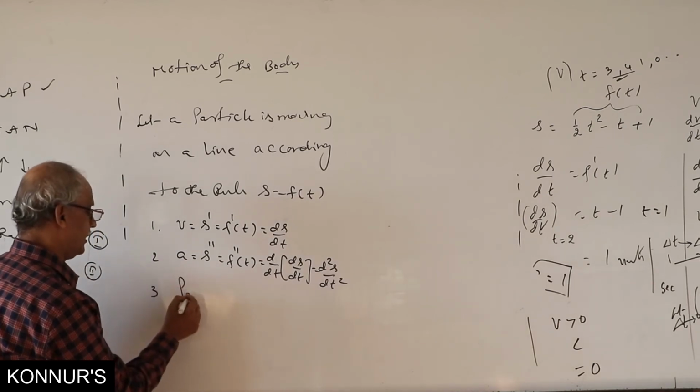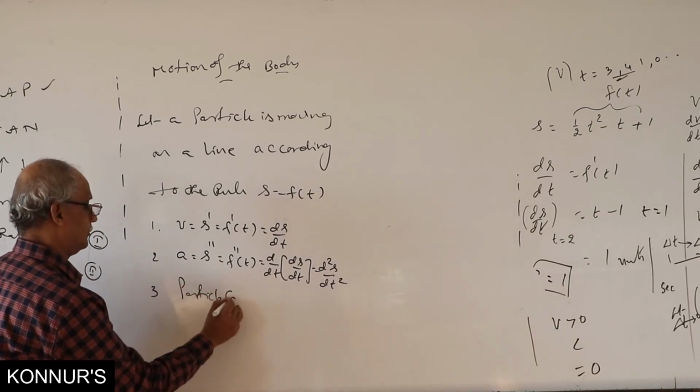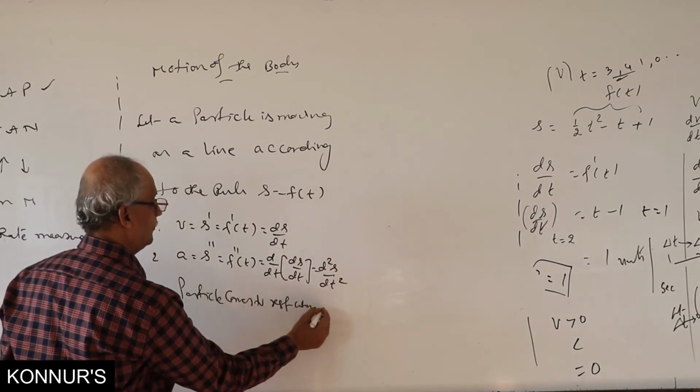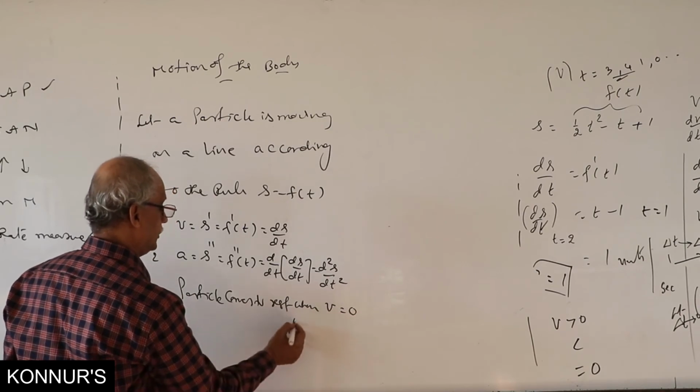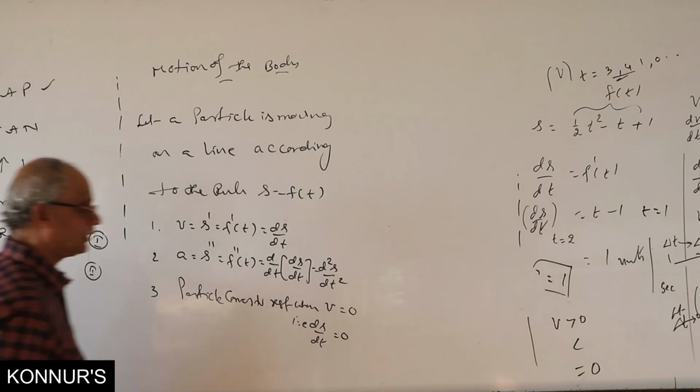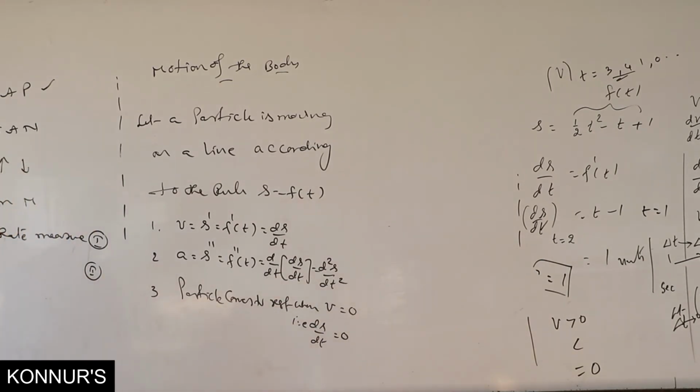Third, the particle comes to rest when v is 0, that is ds by dt equals 0. One example I give for all the three. Only one example.